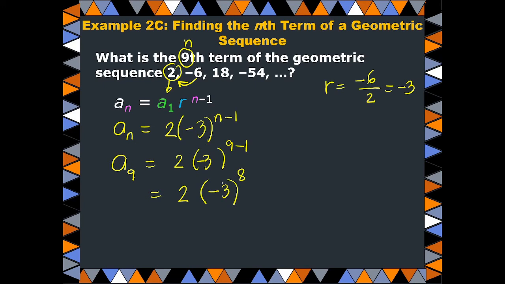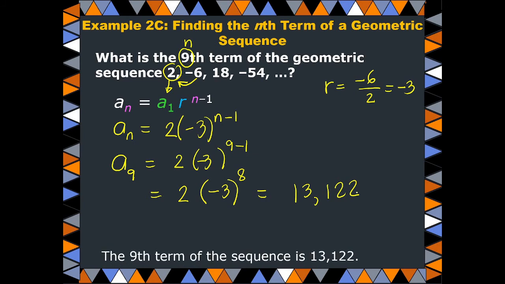So using your calculator, what is negative 3 raised to the exponent 8 equal to? That's 6,561. Multiply that by 2. That's 13,122. So the answer to the question is simply the ninth term of the sequence is 13,122.